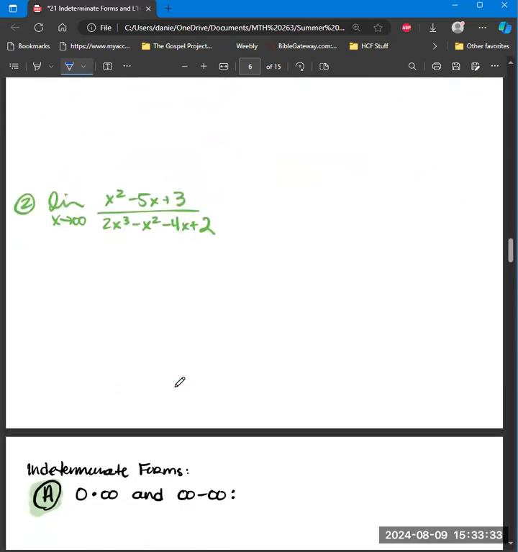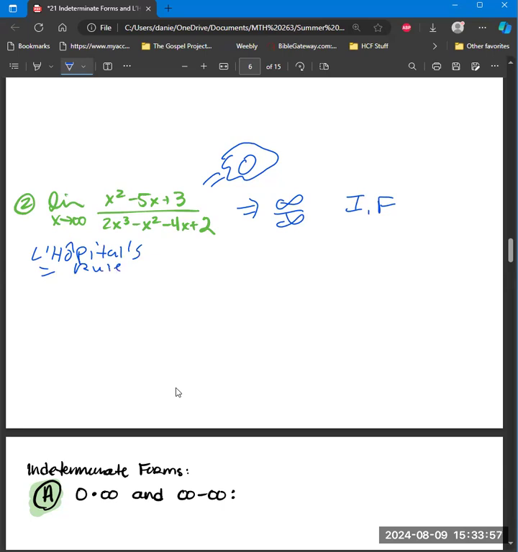All right, moving on to this example here. The top is growing faster or slower than the bottom, so we expect this to go to 0 for our answer. Right now, this is going to infinity over infinity, which is an indeterminate form, so I'm going to use L'Hopital's rule. And this is going to be the limit as x approaches infinity of (2x minus 5) over (6x squared minus 2x minus 4), which is still going to go to infinity over infinity.